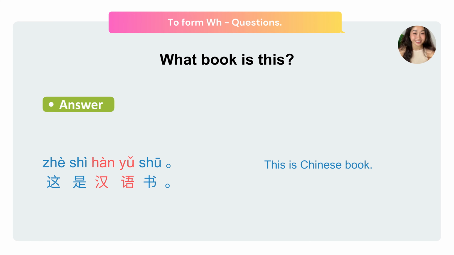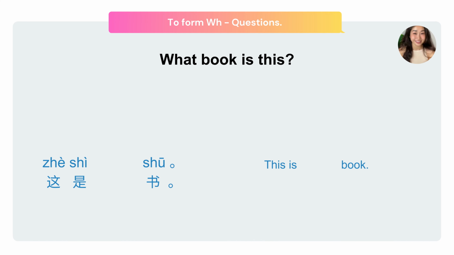So here we go. 这是汉语书. This is the answer. And we will remove the answer section like this. We remove it, but we keep the same sentence structure. And we are going to place the question word in the same place, which would be like this.